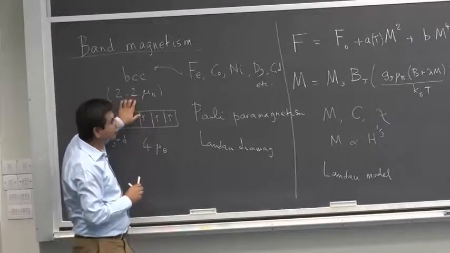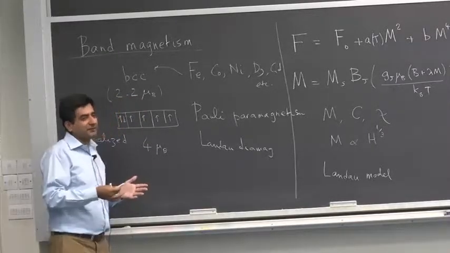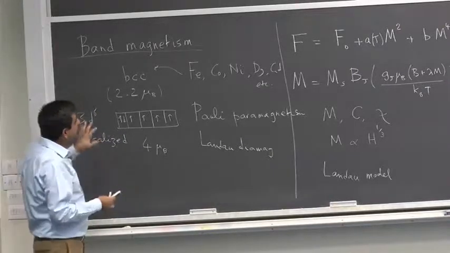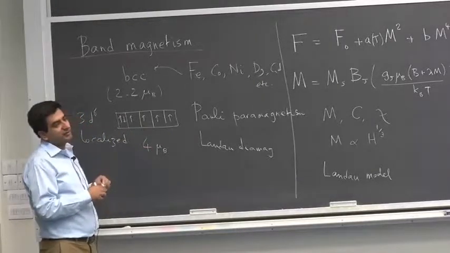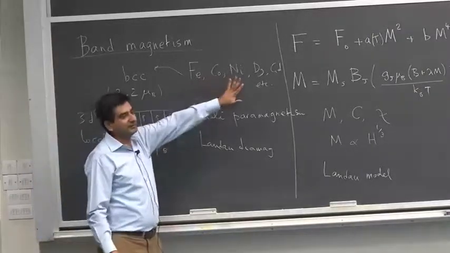But now we have 2.2, a non-integer number. Where is this non-integer coming from? So now these electrons actually belong to a band, and the next 2 or 3 lectures will be spent on describing why these metals are magnetic.